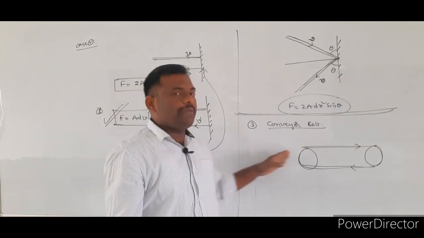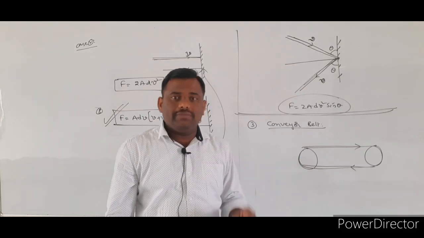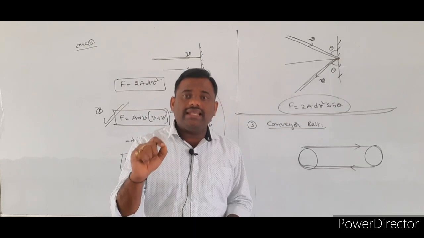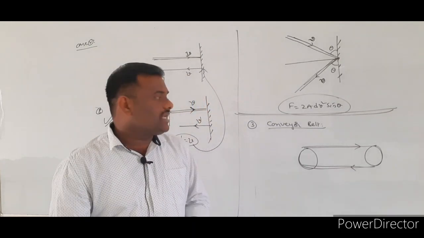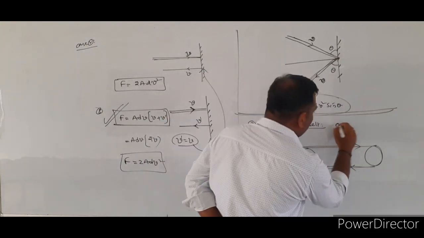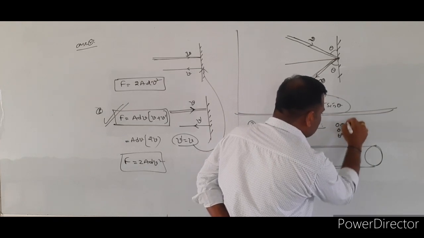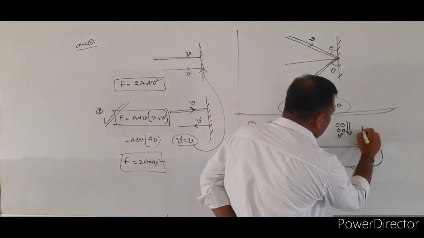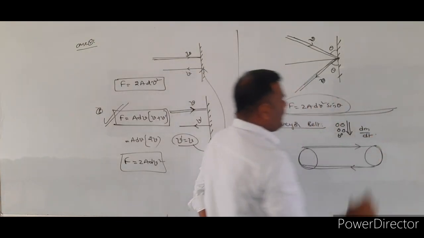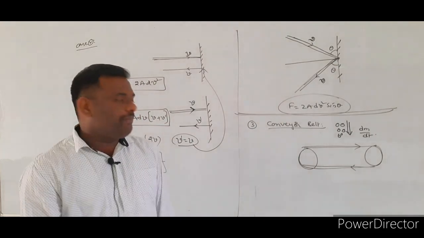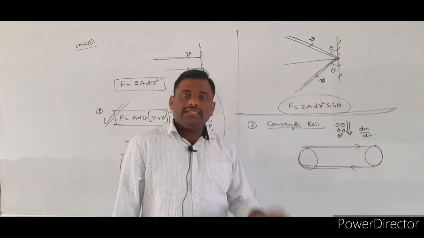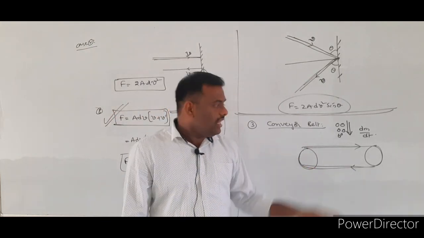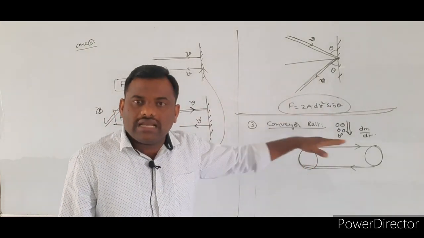But we want to keep the speed of the conveyor belt constant. For that purpose, we need to apply some external force. So here we are assuming that gravel or sand falls over the conveyor belt at a rate of dm by dt. What is dm by dt? The rate at which either sand or gravel falls vertically over the conveyor belt.